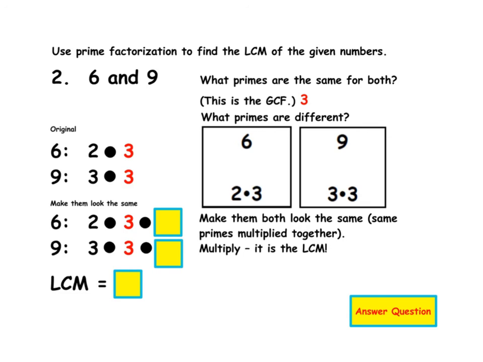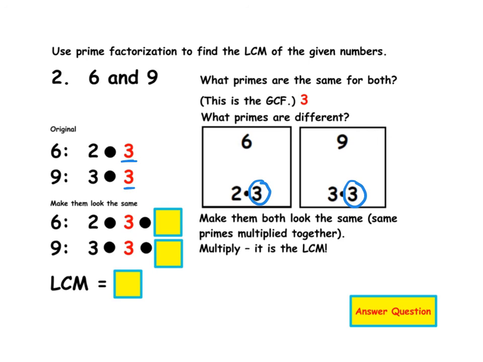Looking at example number 2 now, we're going to find the LCM for 6 and 9. Your first job is to think, what primes are the same for both? Please notice that the 6 has a 3, and the 9 also has a 3. And so the prime factorization for 6 and for 9, they both have this 3 right here that they share.